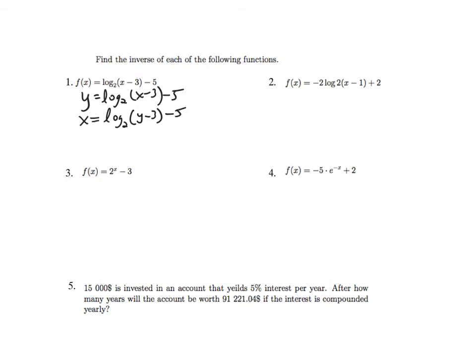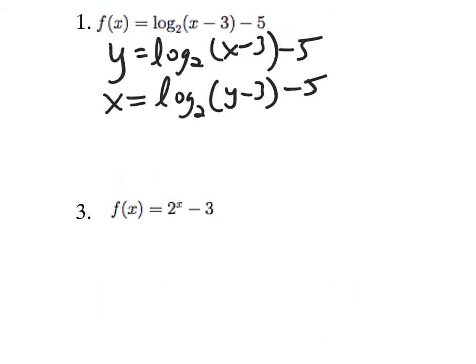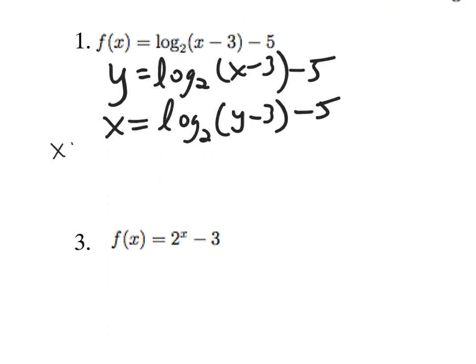So I'm going to start by adding 5 to both sides. So x plus 5 equals log base 2 of y minus 3. And we have really nowhere to go except to put this in exponential form. So if we did, that would make the 2 the base, the x plus 5 comes up here, and the y minus 3 comes here.